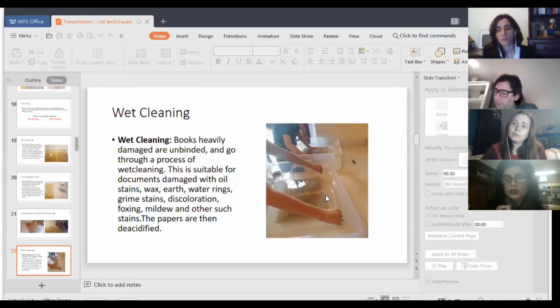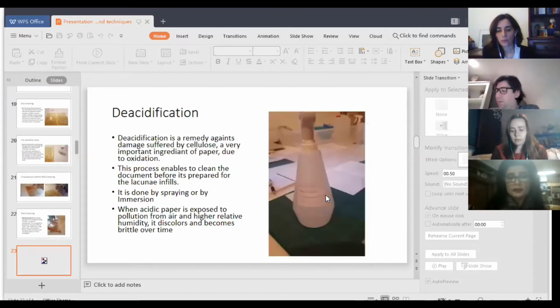These red spots appear in documents on historic paper. A cold water bath is good for those. And even for mildew, we give it a cold water bath, whereas hot water is good for other stains and dirt removal. So the document goes through wet cleaning and then deacidification.